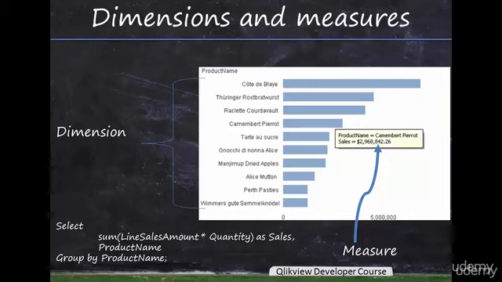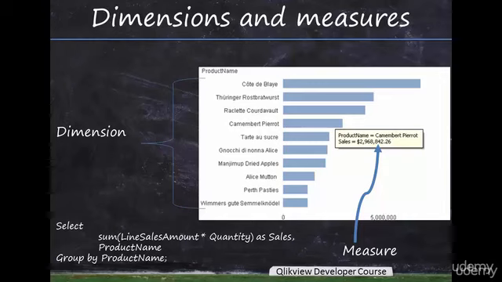So as shown in this depiction, we have sales for each product, with product being the dimension, and we're using the sum of the sales amount, the order times the quantity, to come up with the sales.